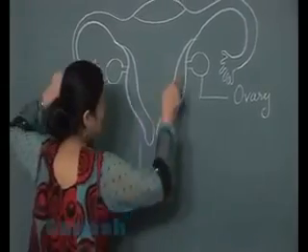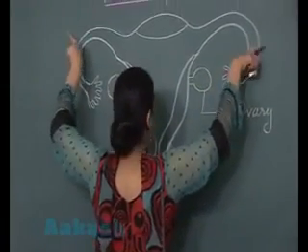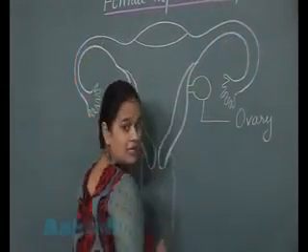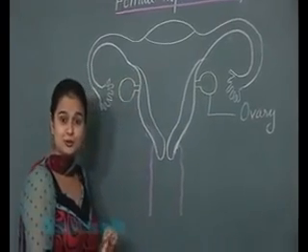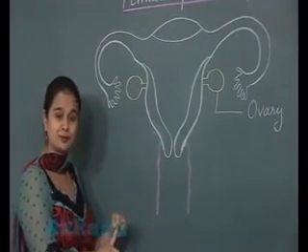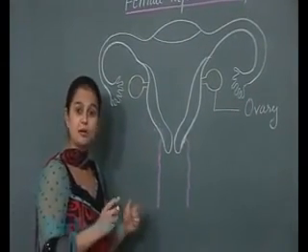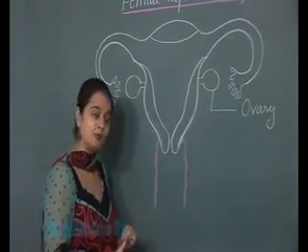After the ovaries, you can see this tube-like structure, the pair of tubes which I have formed here. They represent the fallopian tubes.